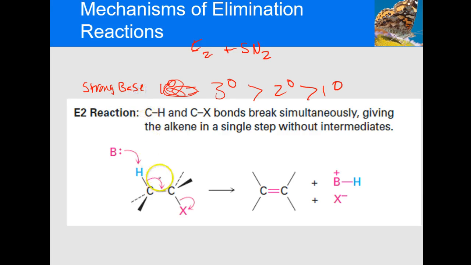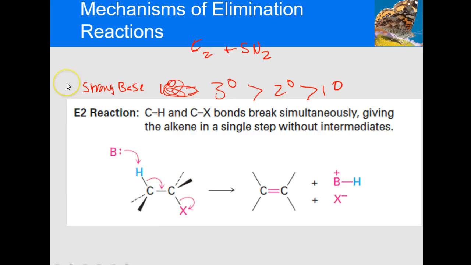I just told you, if I have a strong base and an alkyl halide, there's a really good chance it can attack the carbon and kick out, and I get a substitution reaction. Well, if this is so hindered that my nucleophile can't squeeze in there, it's going to grab one of these hydrogens instead.